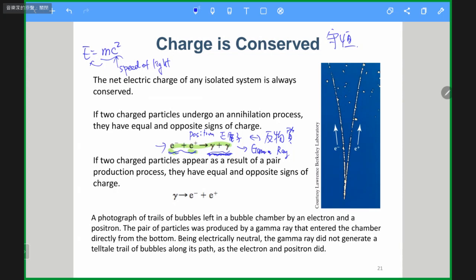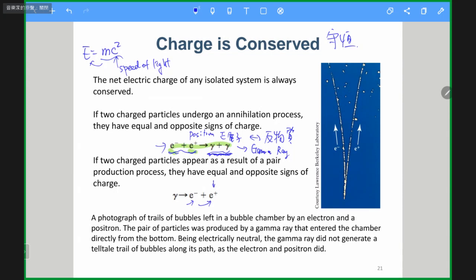Or the other way around, if we have strong energy, it may be able to generate a pair of electron and positron. Actually, on the Earth we also can have some positrons.